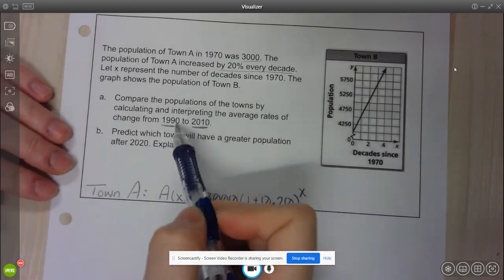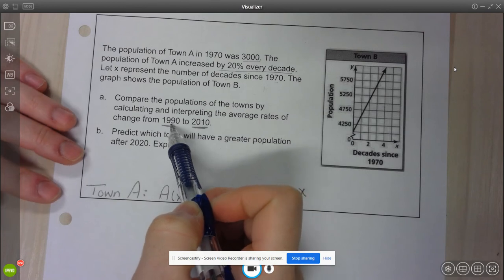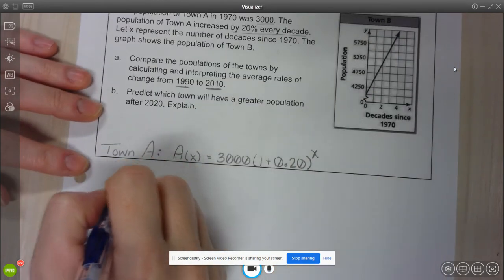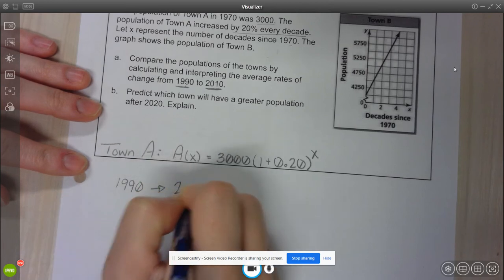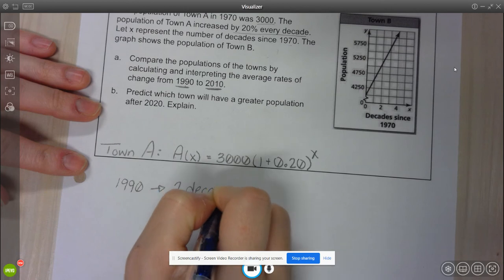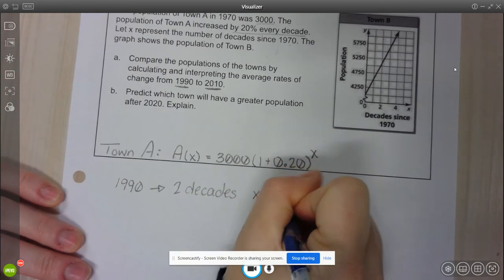Well, from 1970 to 1990 is 20 years. So 1990 would represent 2 decades. So for that, my X value would be 2.